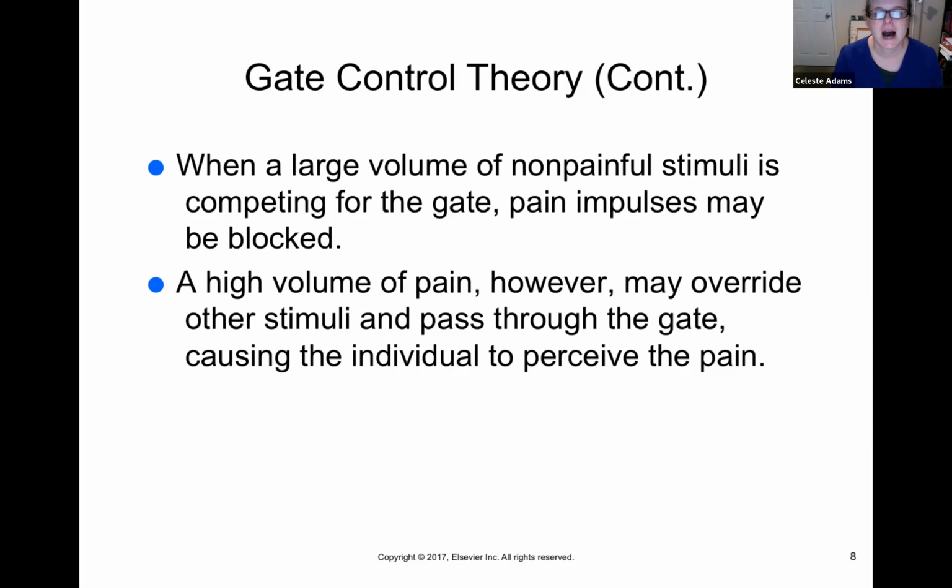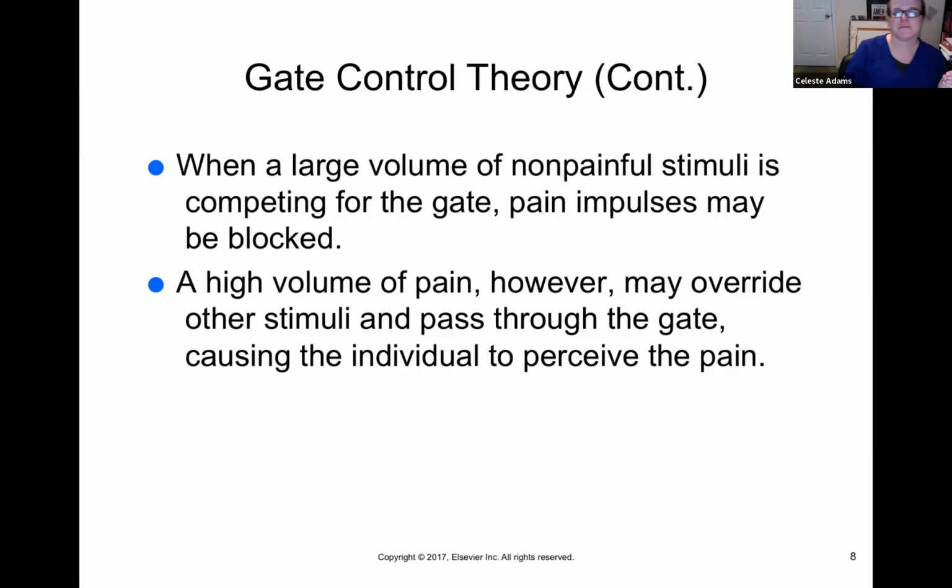A high volume of pain, however, may override other stimuli and pass through the gate, causing the individual to perceive the pain, okay. So again, it's who wins, okay? If the pain wins, if the volume of pain is high enough, that pain is going to push itself through the gate and the patient's going to feel the pain, okay?